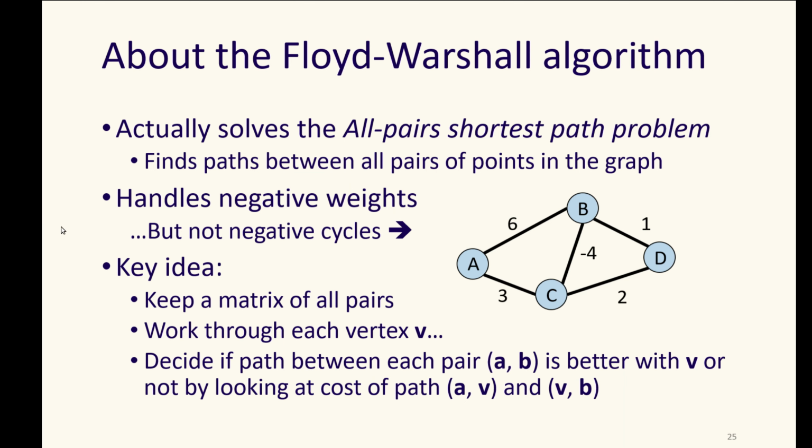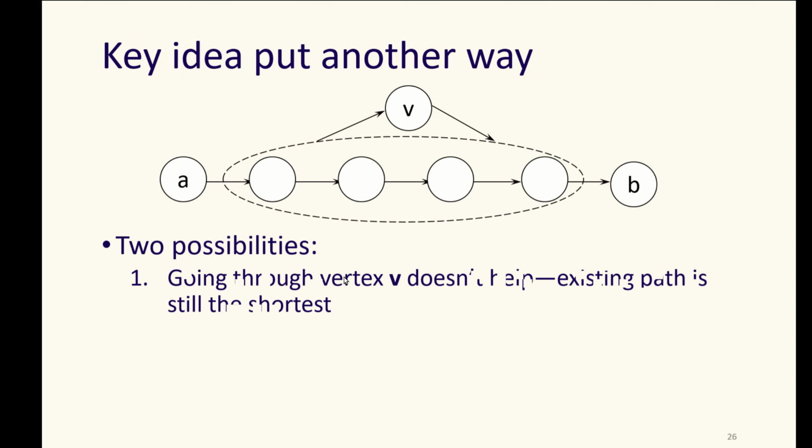And then we work through each vertex, deciding if the path between a pair A and B is better with that new vertex V that we're looking at or not, by looking at the cost of the path from A to V and the cost of the path from V to B. So we may have a direct connection from A to B, for example, but it might be better to go from A to C to B. So we would evaluate that kind of question as we process through the Floyd Warshall algorithm.